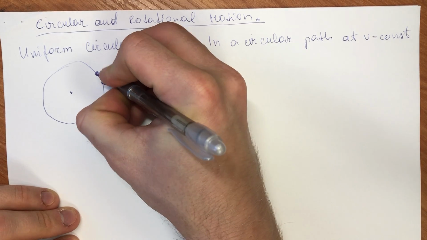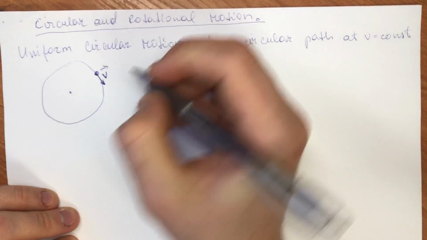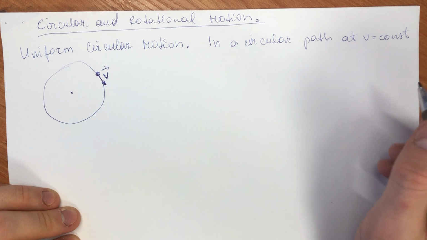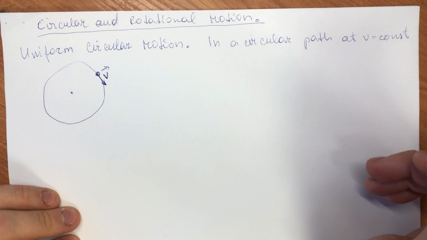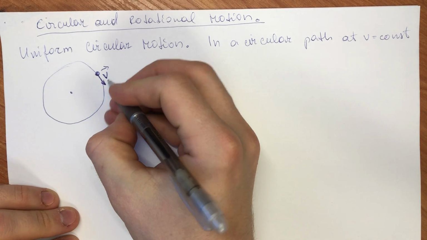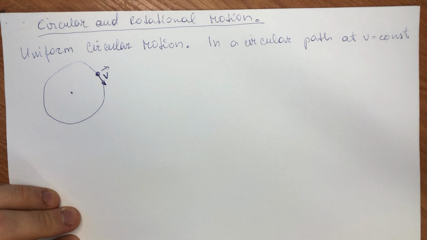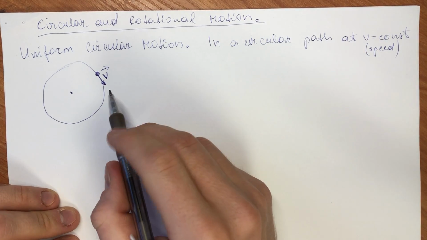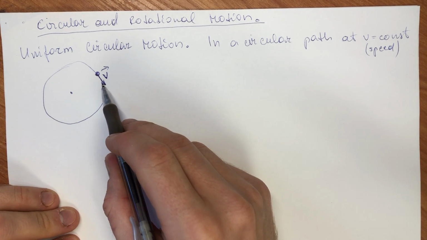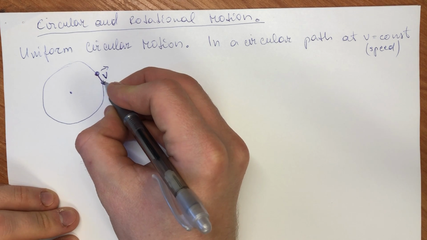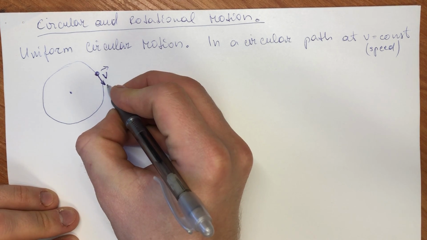So here, it is traveling with the same speed, so here we refer to speed, v constant, okay? So the velocity has direction to this.